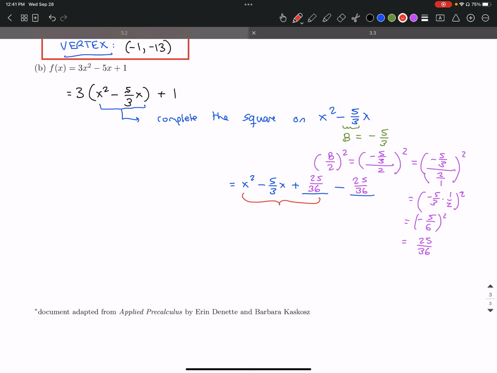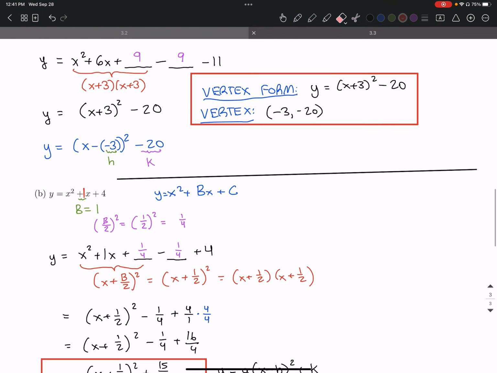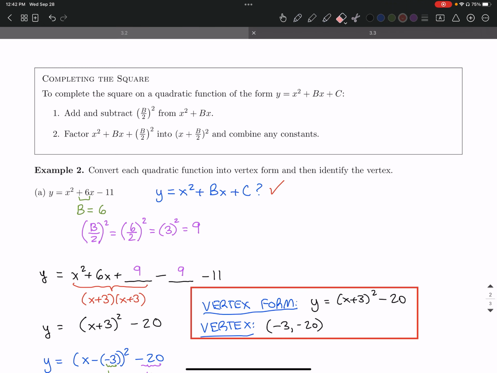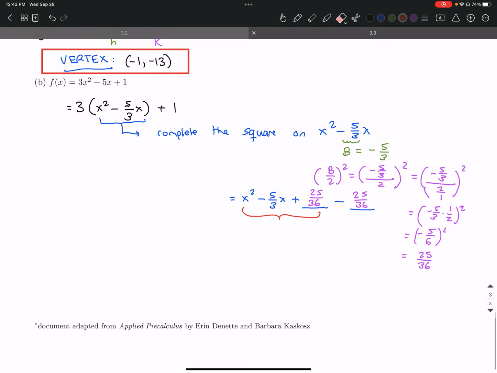Now, we need 2 numbers, 2 fractions in this case, that multiply together to give us 25 over 36, but add together to give us the negative 5/3 in the middle. That might be a little bit challenging for us to think about. So perhaps we want to refer back to this formula, the guarantee that this is always going to factor into x plus b over 2 quantities squared.